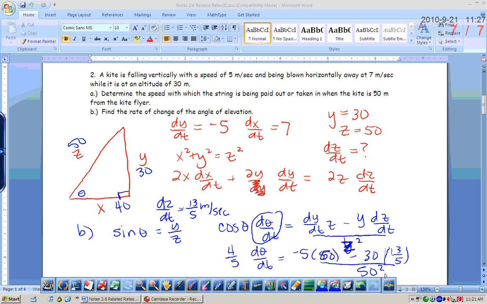So all I have to do is figure out what that right side is and then multiply by 5/4. Okay. It's negative 41 over 250, and your units are going to be radians per second.